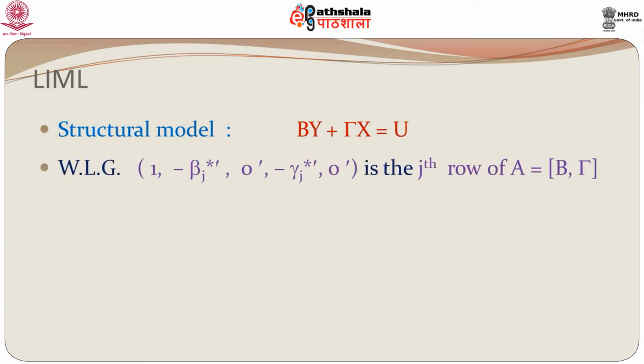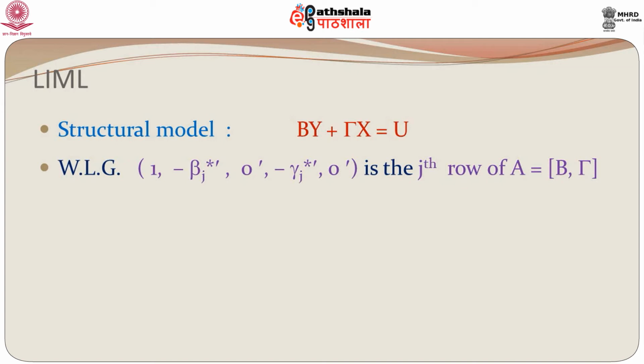Without loss of generality, let us assume that the jth row of A is the whole parameter set, that is, it consists of B and gamma, and the jth row of A is 1, minus beta j star prime, 0 prime, minus gamma j star prime and 0 prime.